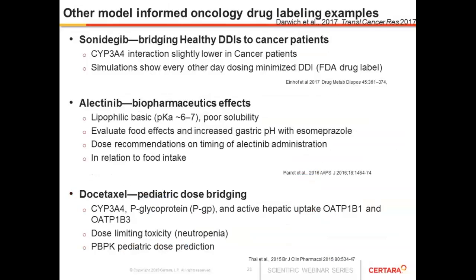Moving on, I've brought out here a few other examples where model-informed oncology drug labeling has been undertaken.